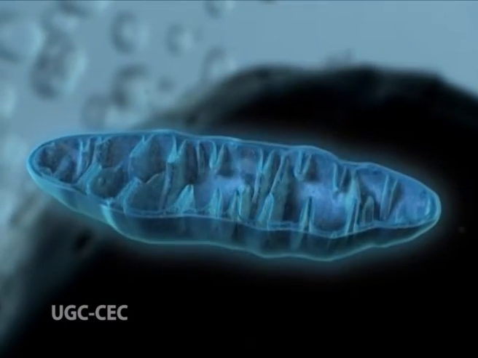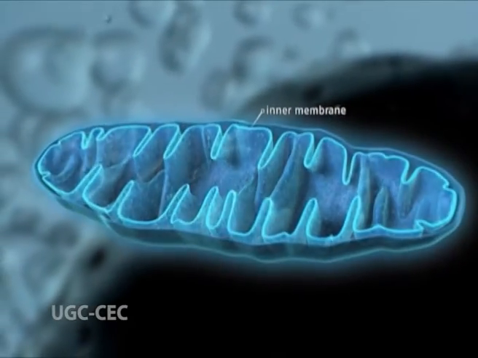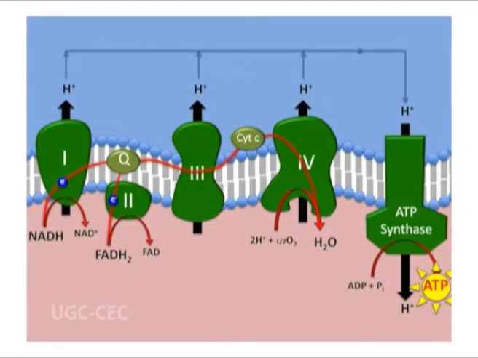Mitochondria have two membranes, outer and inner. The inner membrane is impermeable to most small molecules and ions, including protons. Only species that have specific transporters can cross it. The inner membrane bears the components of the respiratory chain and the ATP synthase.